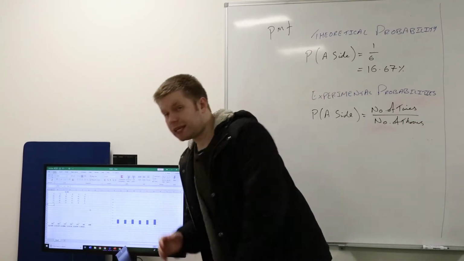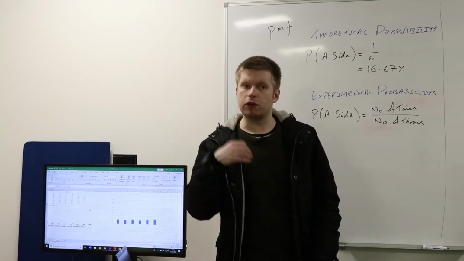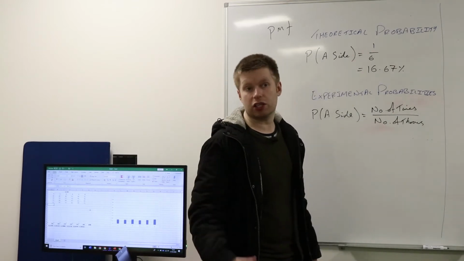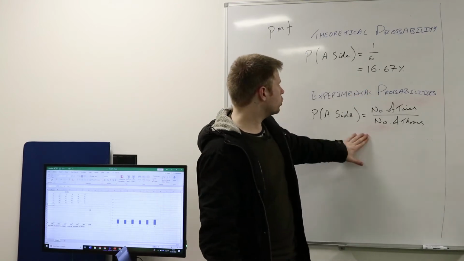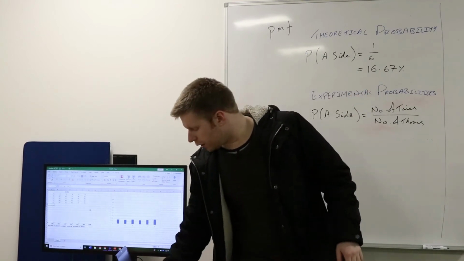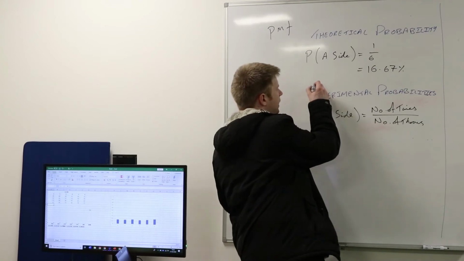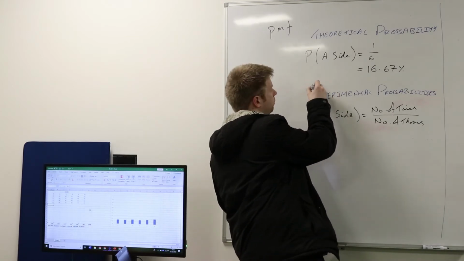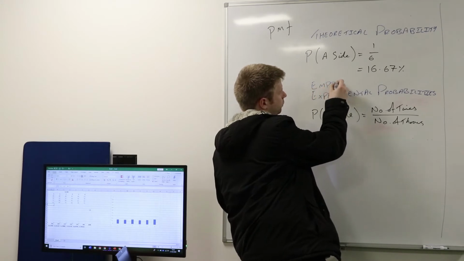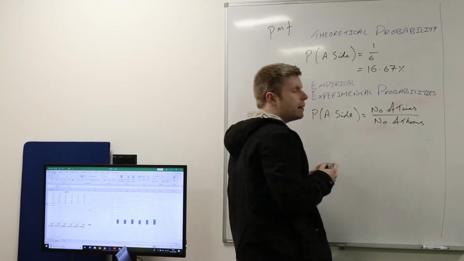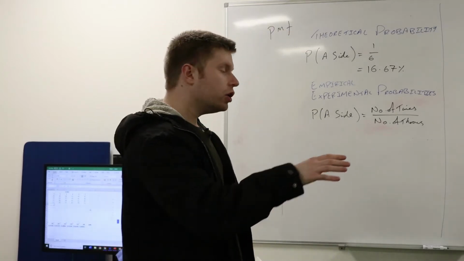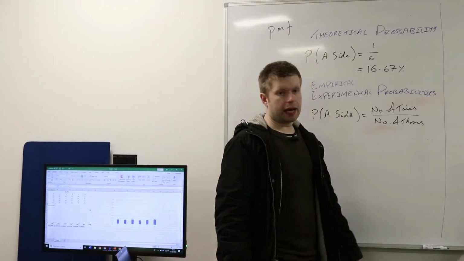Now, if you didn't know theoretical probability, so if you didn't know the total number of outcomes, and if you didn't know the total number of times that side should come up, then you could go to experimental probability. Another way of calling experimental probability is empirical. Okay? So empirical or experimental, it literally means the same thing. Literally means you go out, you do an experiment, and you're able to work out what you need.